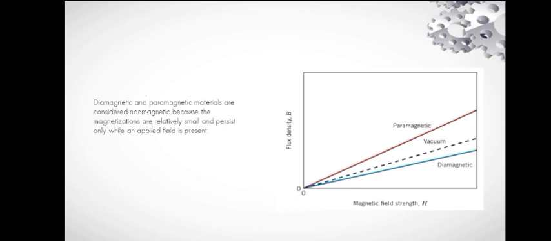Both of these materials are considered non-magnetic because they exhibit magnetization only in the presence of the external field. Also, for both, the flux density B within them is almost the same as it would be in a vacuum. So let's proceed.